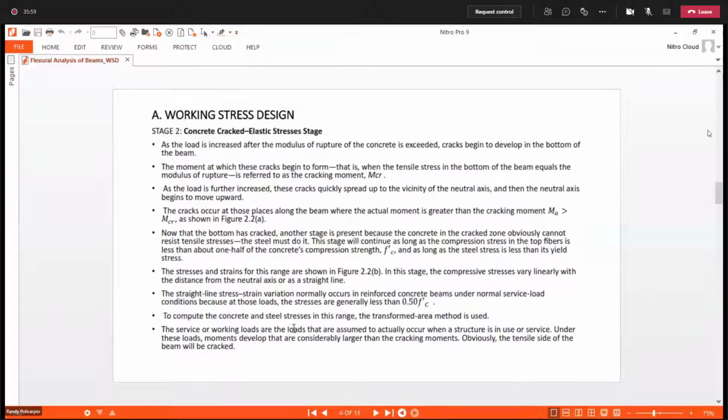To compute the concrete and steel stresses in this range, the transformed area method is used.